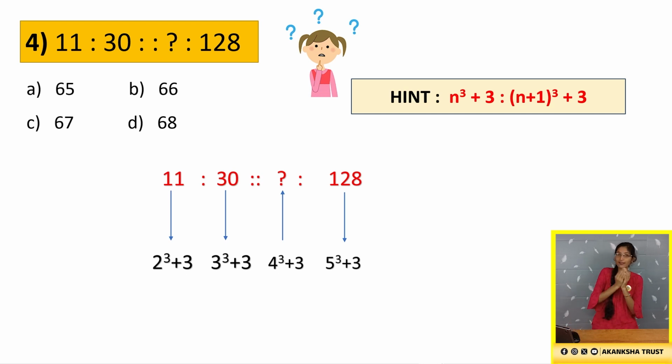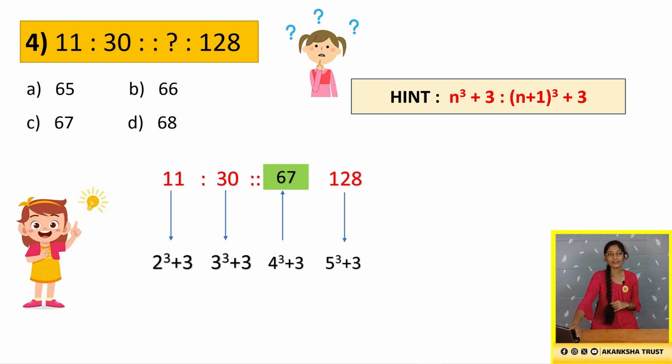Then coming back, the number before 5 is 4. So 4 cube plus 3. 4 cube is 64. Then we have to add 3. So 64 plus 3 is 67. Easy, isn't it? So the option C is 67 and that's our answer.